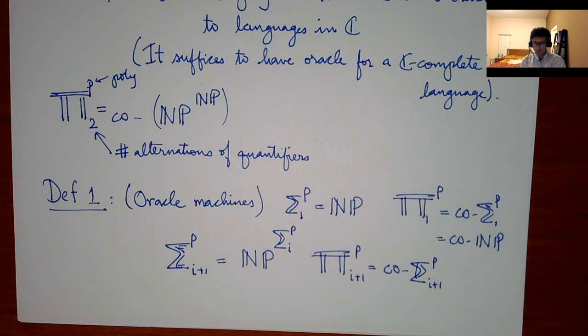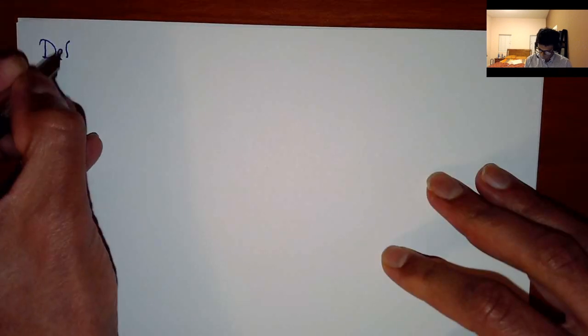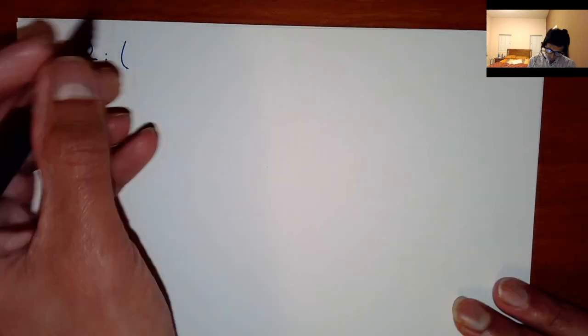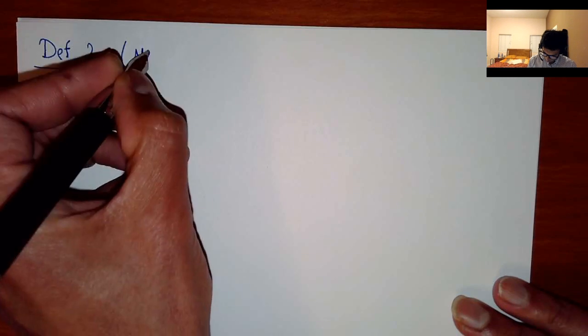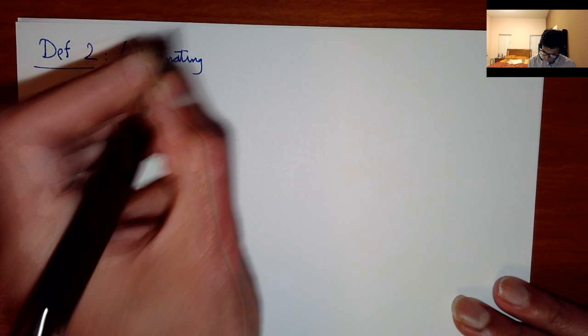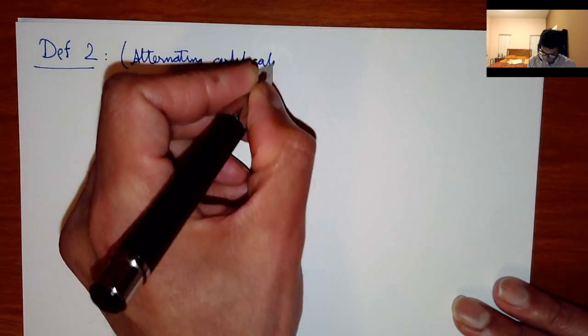I'll give you another definition in terms of certificates, which I think is much easier to understand. And we will prove that all of these are equivalent. So I'll do definition 2. And this is the alternating certificate viewpoint.